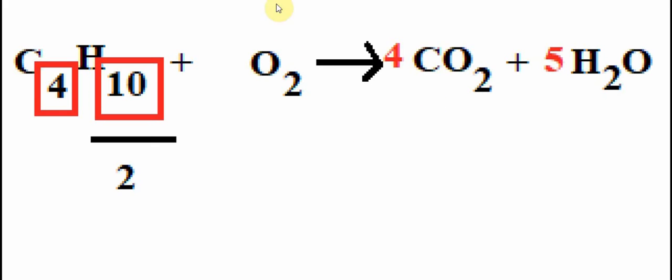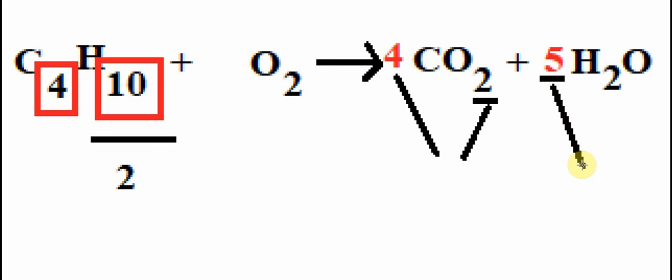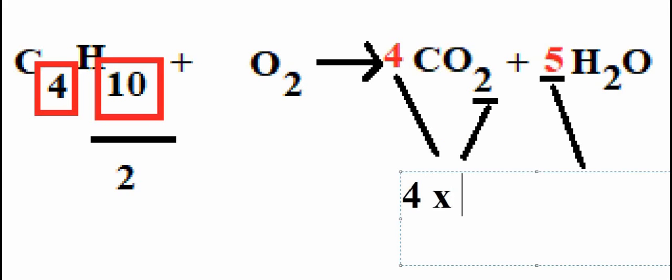The second step: we have the number 4 here, and we have 2 oxygen, and we have number 5 here. So we will calculate how many oxygen on the right. We have number 4 of the carbon multiplied by 2, plus number 5 from the hydrogen divided by 2.